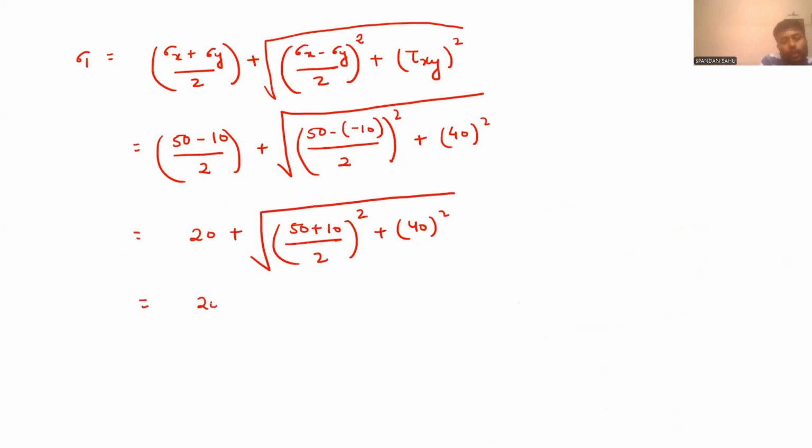So you can write 20 plus 60 by 2, which will be how much? 60 upon 2 whole square plus 40 whole square, and that will be under root.